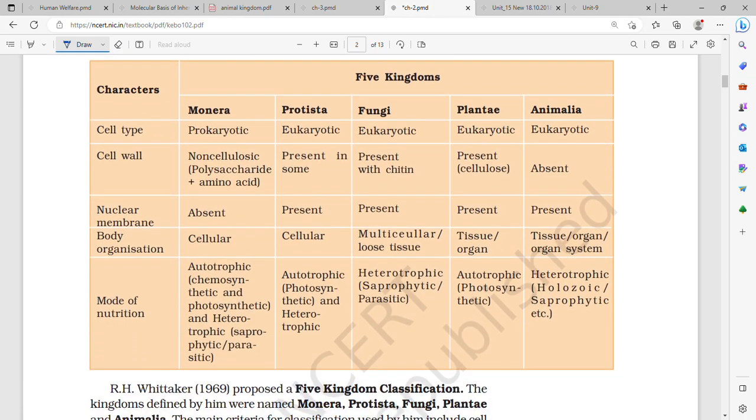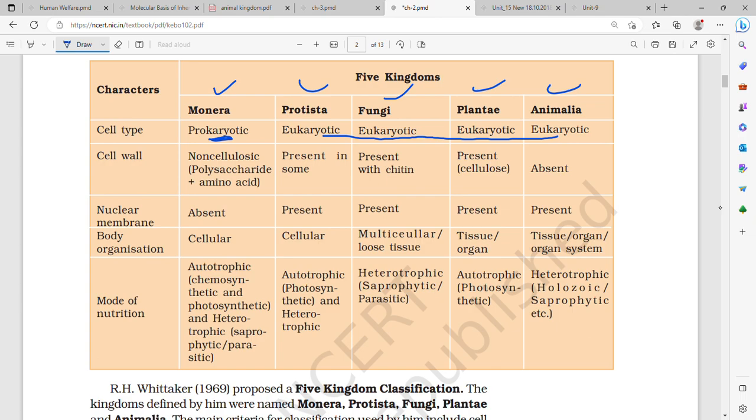Now let's see the five kingdoms: Monera, Protista, Fungi, Plantae, Animalia. Monera are prokaryotic, and the rest, Protista, Fungi, Plantae, Animalia, are eukaryotic organisms. Difference between prokaryotic and eukaryotic: prokaryotic organisms do not have membrane bound organelles.